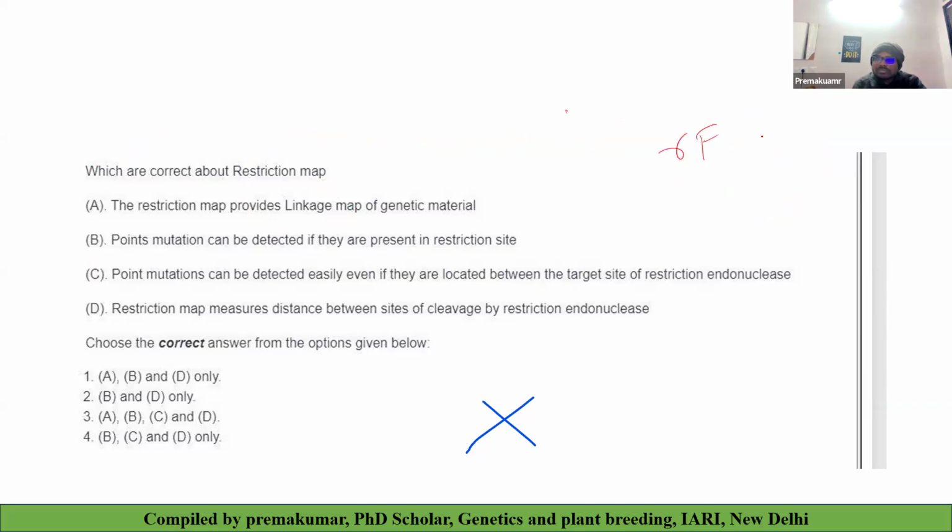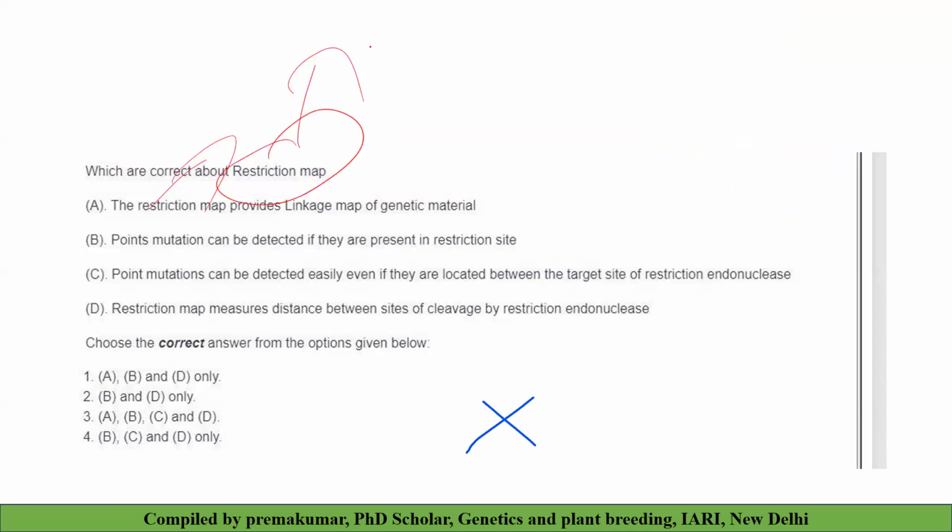We need recombination frequencies, but your restriction map will not give recombination frequencies. Option B, D. Second option is okay, correct. I will come to it: a restriction map is an example of a physical map.